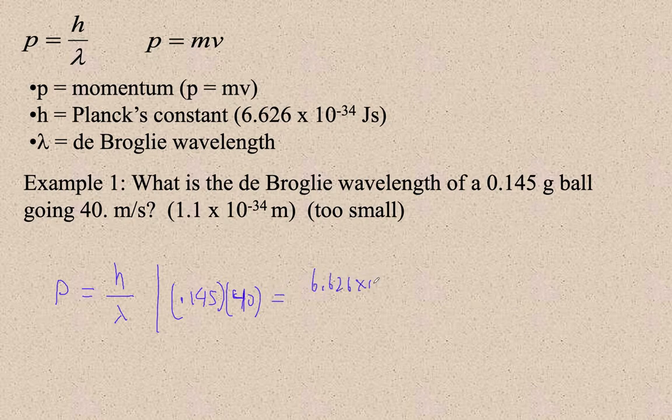6.626 times 10 to the minus 34th divided by the wavelength. What I'm going to do is take this divided by this. So 6.626 e minus 34, divided by, parentheses, 0.145 times 40.